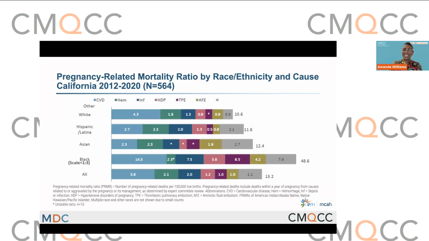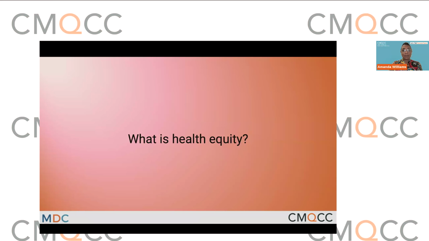Like, that is not okay. And so where are the spaces where we see the most loss? We see it in cardiovascular disease, we see it in infection, we see it in hypertensive disorders, in thromboembolic disease. There is so much loss, and so much of this is preventable. So thank you. Thank you for engaging in the work. Next slide.